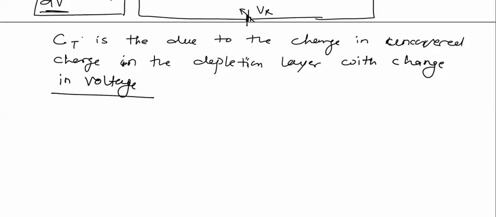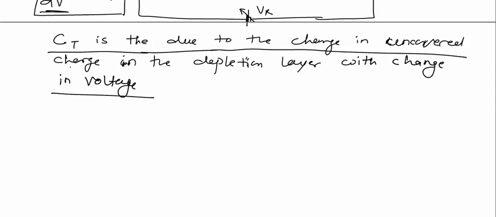And remember, this capacitance dominates over diffusion capacitance in a reverse bias diode.